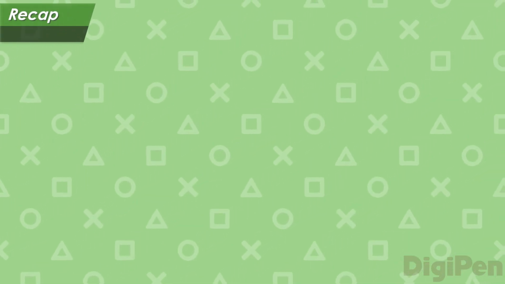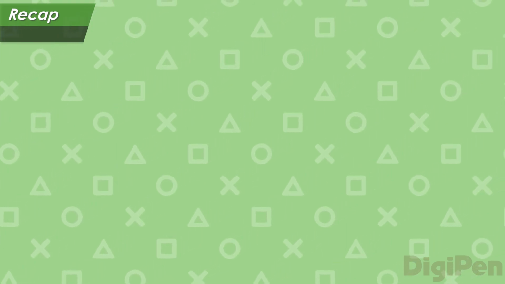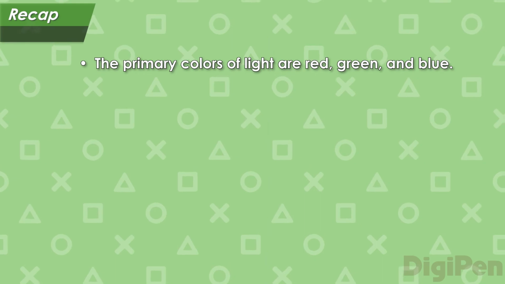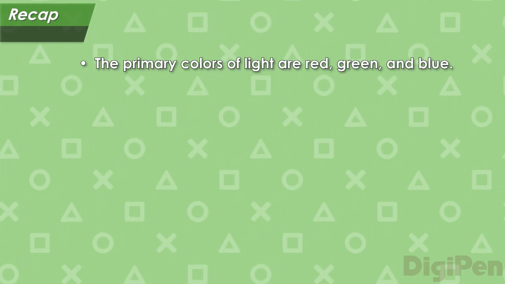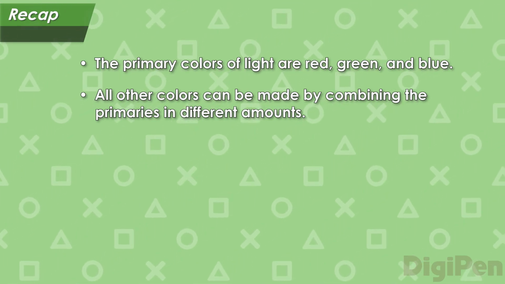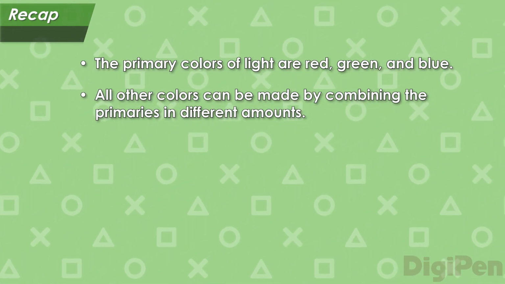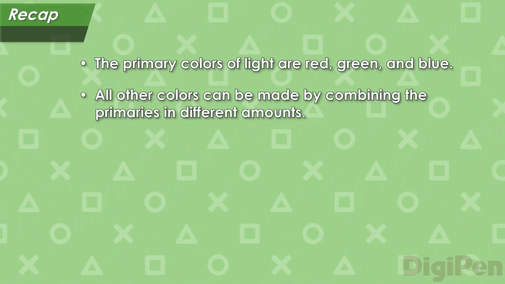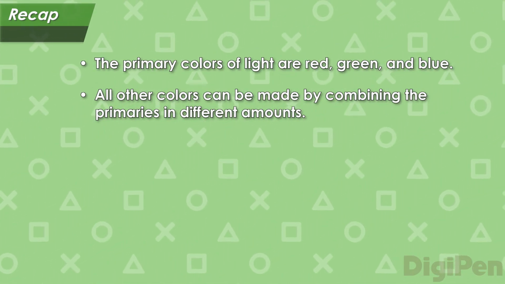Let's recap what we've learned in this video. First, we learned about the 3 primary colors of light: red, green, and blue. Then we looked at the way that a video game mixes these colors in different amounts to create browns, yellows, grays, and all other colors.